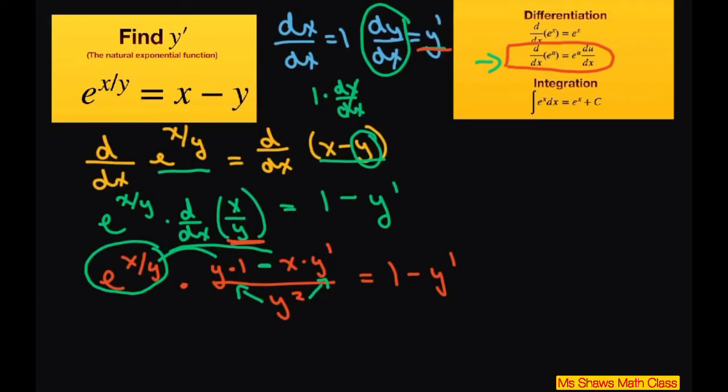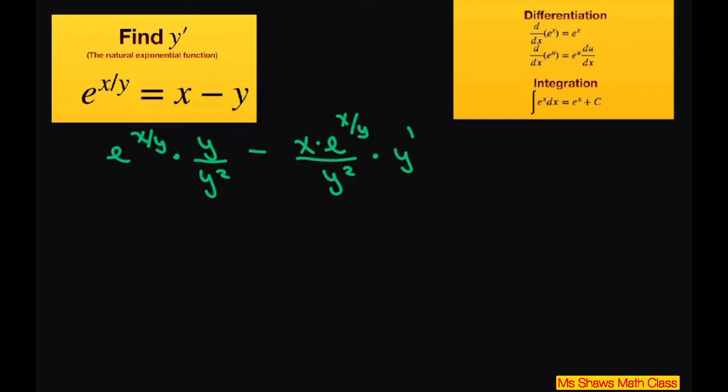So when I do that, what I'm going to get is e to the x over y power times, and this is going to be a y divided by y squared, minus x, I'm going to put that in front, e to the x over y power divided by y squared, and this was times our y prime, and that equals 1 minus y prime.